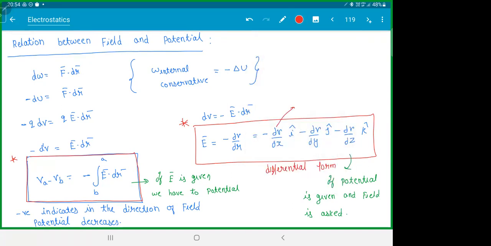This dou here is partial differentiation. Clear?